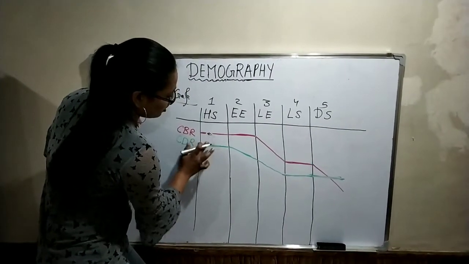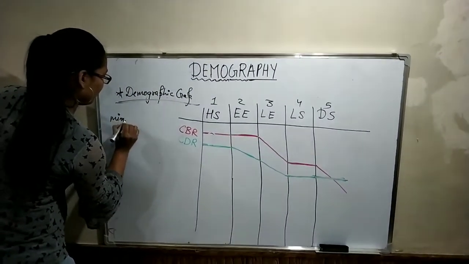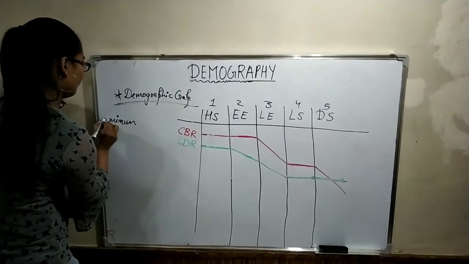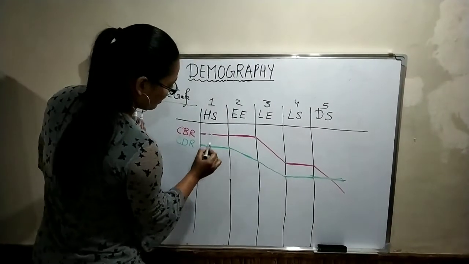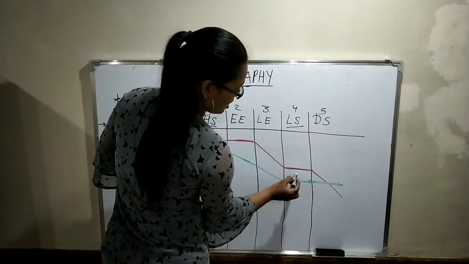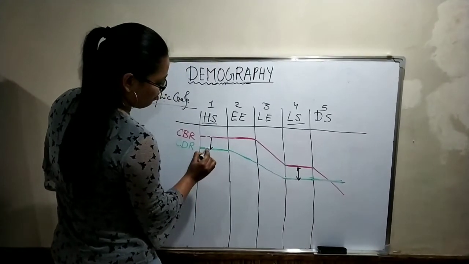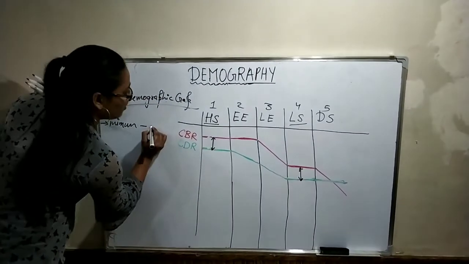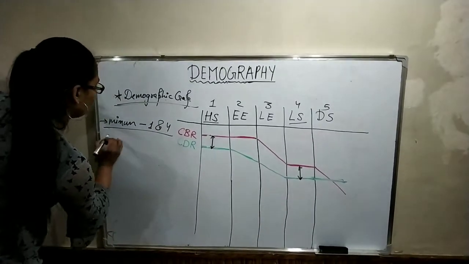Demographic gap, so it is minimum. Minimum, you can see, it is in high stationary stage and low stationary stage. This is and this is minimum. So, first and fourth stage it is minimum.